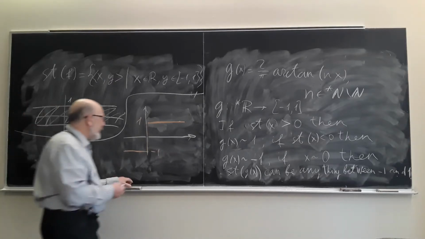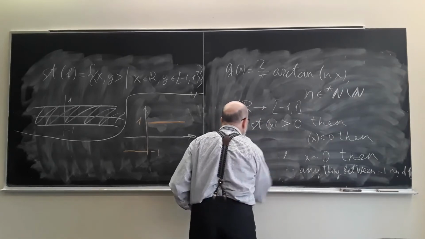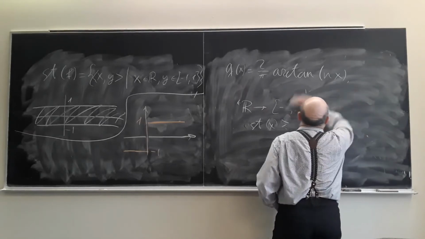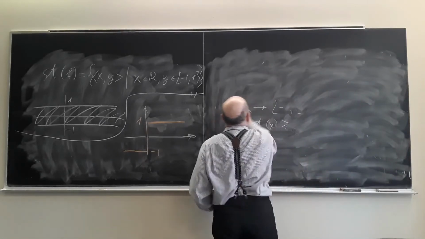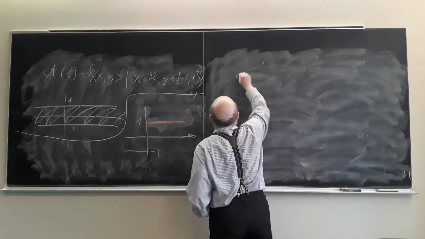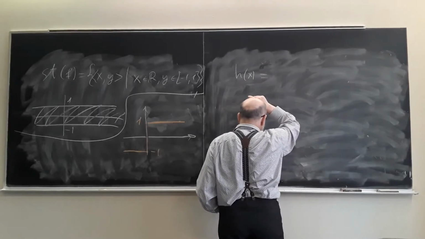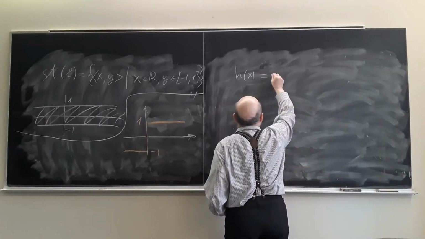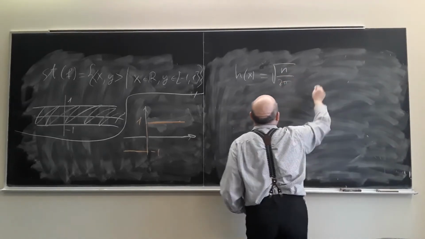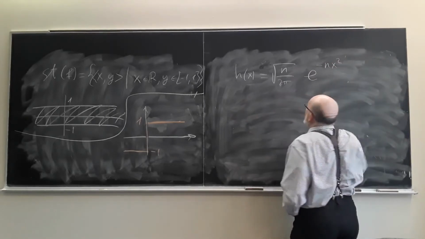Now the last example, let me consider. h of x equals square root of n divided by 2 pi, times e to the minus n x squared.